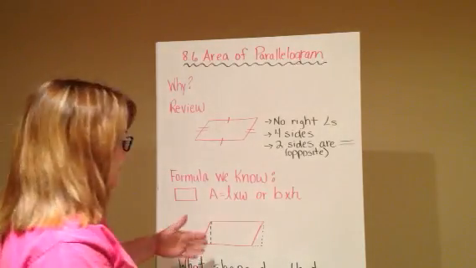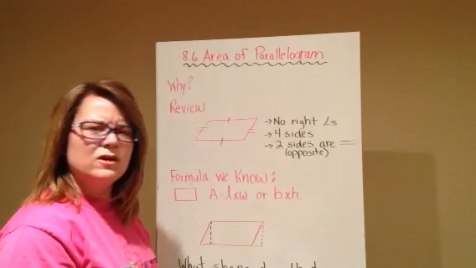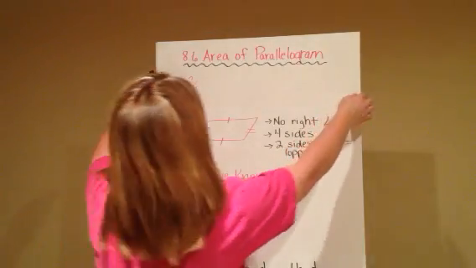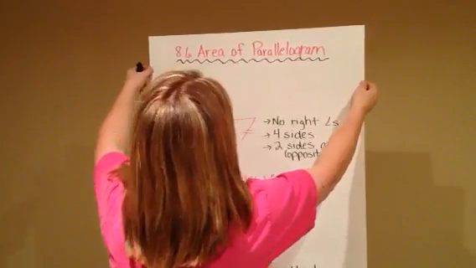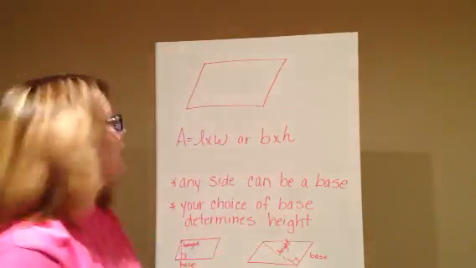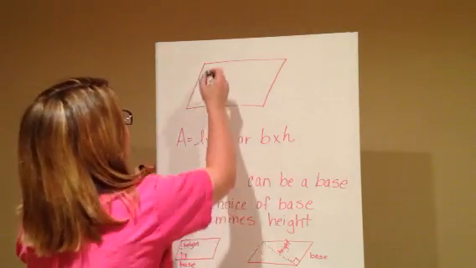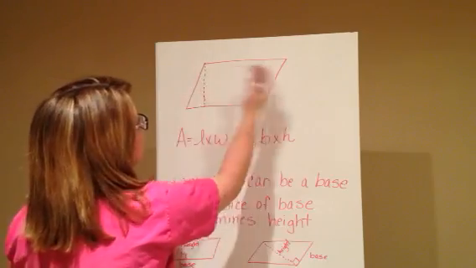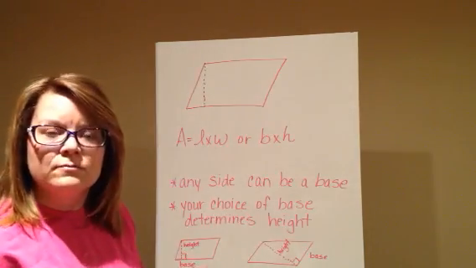Okay, so that comes in handy because what did we know the formula for? Oh yeah, a rectangle. So we're going to take a parallelogram and think of it like a rectangle, because if we were able to cut off that triangle and flip it over, it becomes a rectangle.